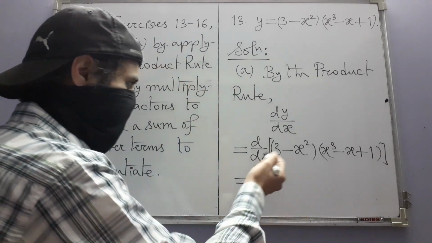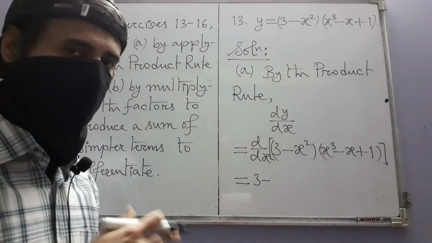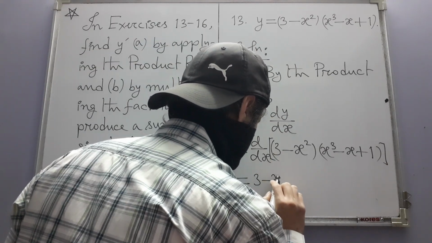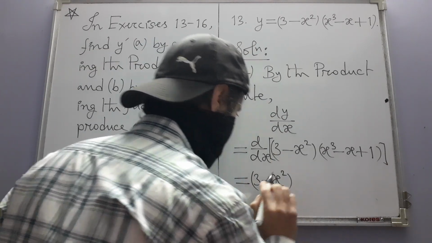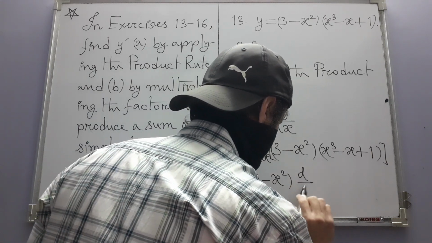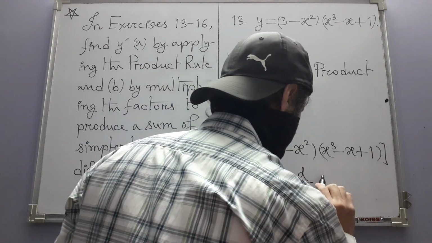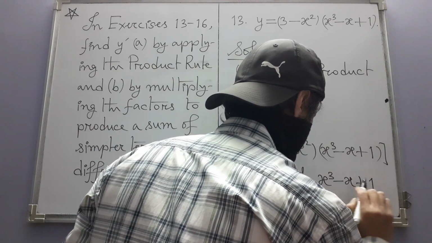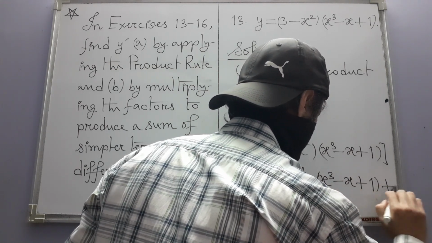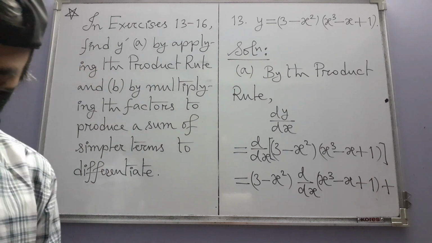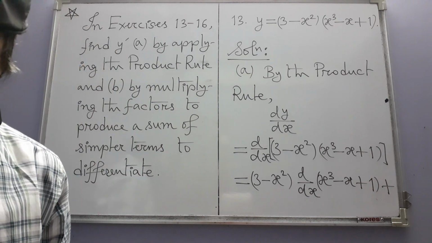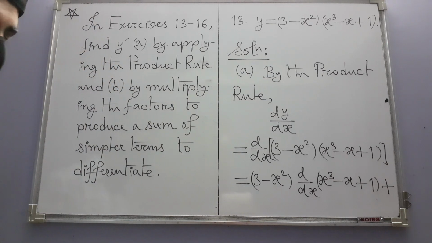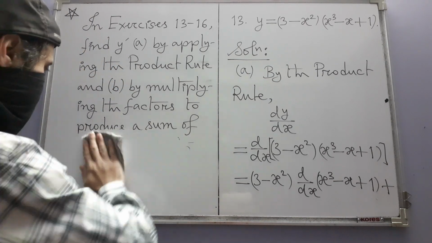you can differentiate any one of these two first and then do the other. It's up to you. So let me first keep this one unchanged and multiply it by the derivative of the other factor. Plus, then we apply differentiation to this one, and keep that other factor the same, unchanged.